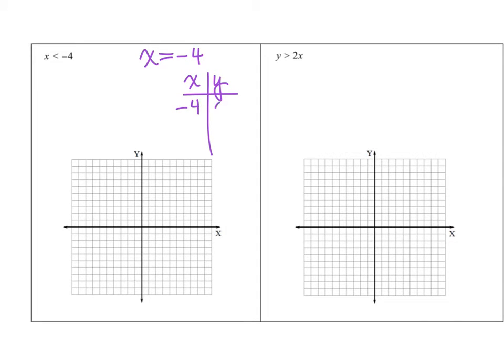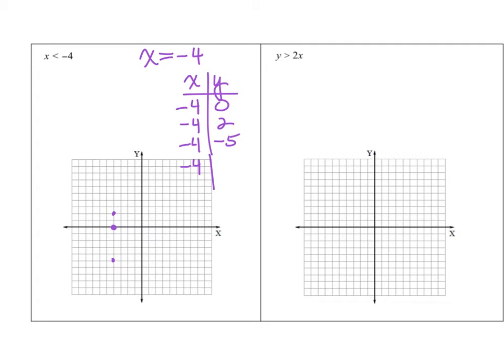There's no y, so y could be anything. X is negative 4, y could be 2. X is negative 4, y could be negative 5. When you plot those points, (negative 4, 0), (negative 4, 2), (negative 4, negative 5), what kind of line are you tracing out? X is always negative 4.